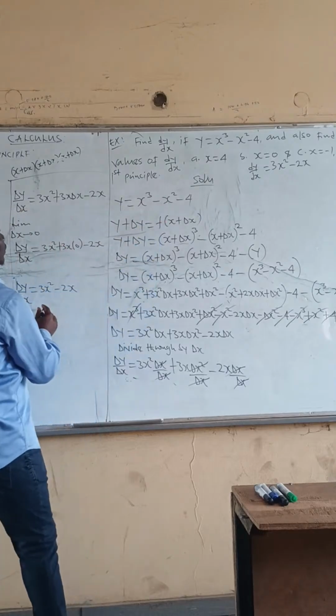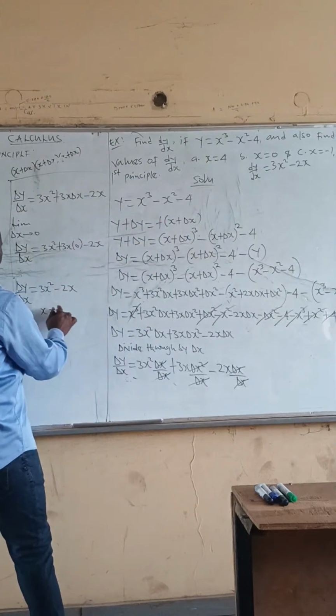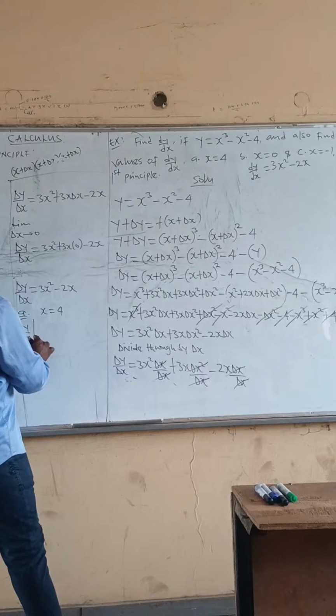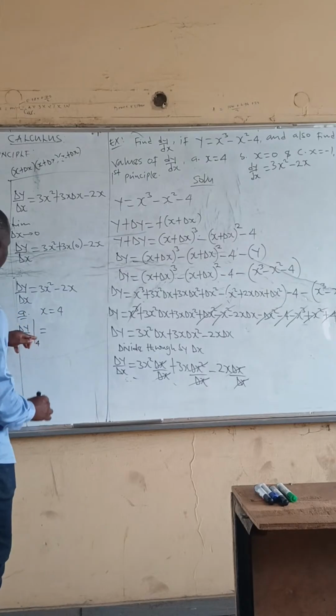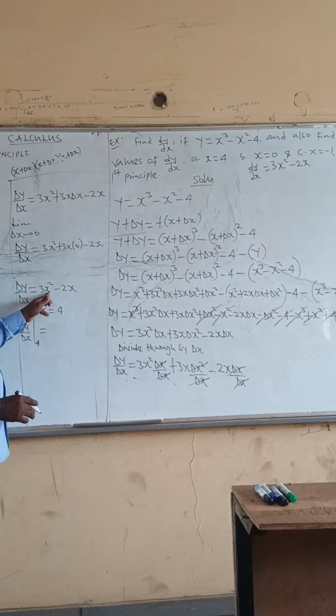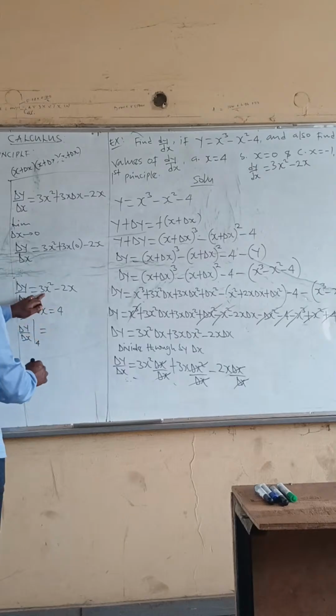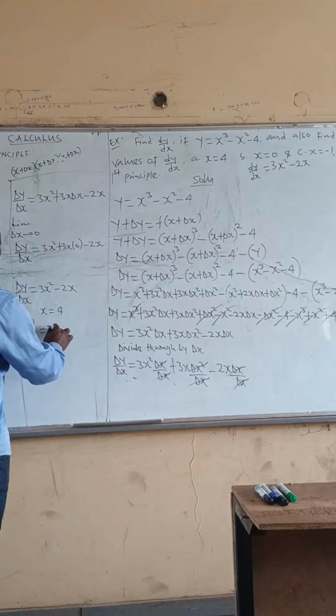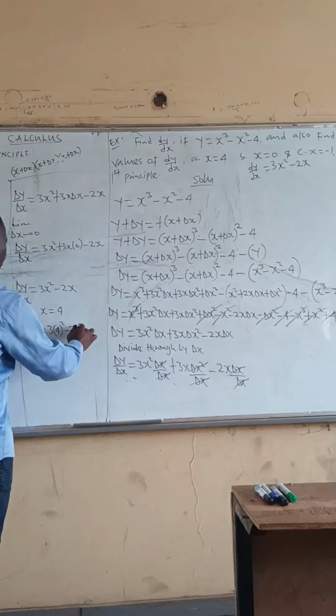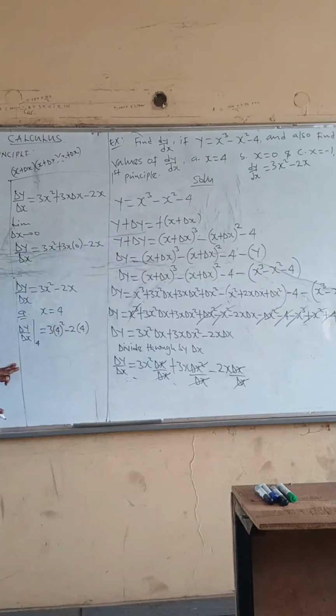X is 4. True or false? X equals to 4. It means here will be what? Anywhere you see x, you write what? So here will now be 3 open bracket 4 raised to power what? 2 minus 2 open bracket what? 4, right? True or false?